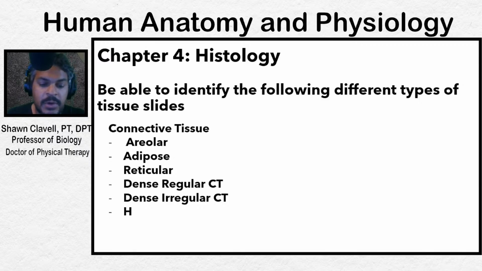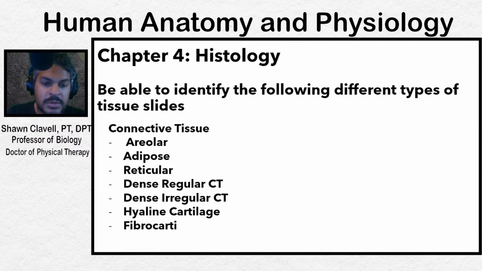So there's three types of cartilage: hyaline cartilage, fibrocartilage, and finally elastic cartilage.